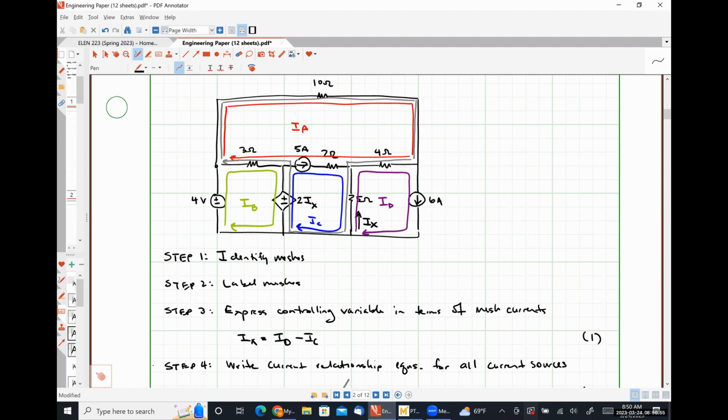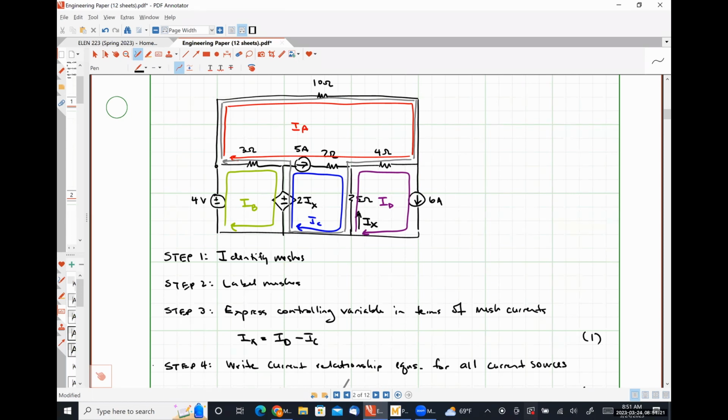We can't write the voltage drop across the 6 amp current source in terms of our mesh current. So much like when we were dealing with super nodes that contain the ground or the reference node, we don't write KCL equations there. If we have a mesh that contains a current source on the outside edge, we don't write a KVL equation for it.